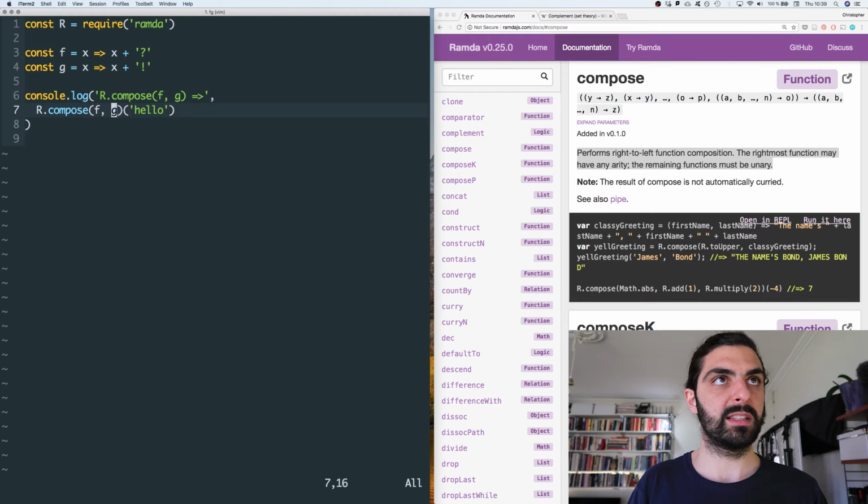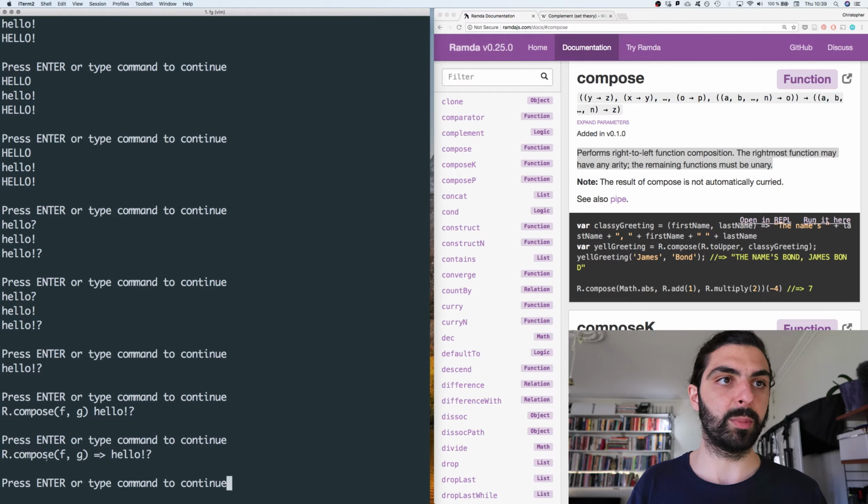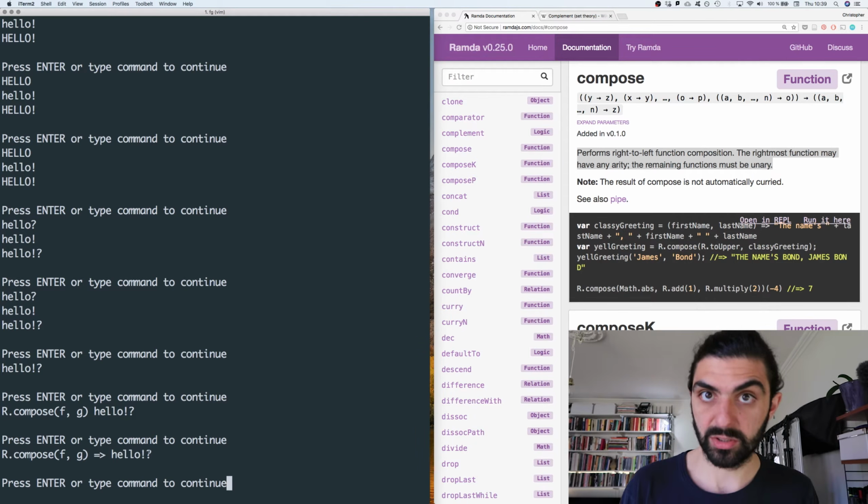I'm saying there exists a function that is the composition of F and G. Use R.compose to compose F and G, which will yield me a function here. If I add this parenthesis, it's super clear. Here I have a function, and then immediately I invoke that function by passing hello, or we apply that function to the string hello. And then we can see that if I do R.compose of F and G, I get hello, exclamation point, question mark.